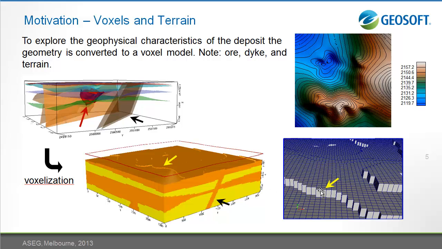Now what I've done is blown that image up around the yellow arrow here, and you can see what is happening in our voxel model. It's quite a fine discretization, and as we step along, we cross a transition point, and we have to step up another voxel, another prism thickness, 20 meters, and then continue on. So this is the way that the terrain is represented in the voxel model, and I'm showing here the true terrain.